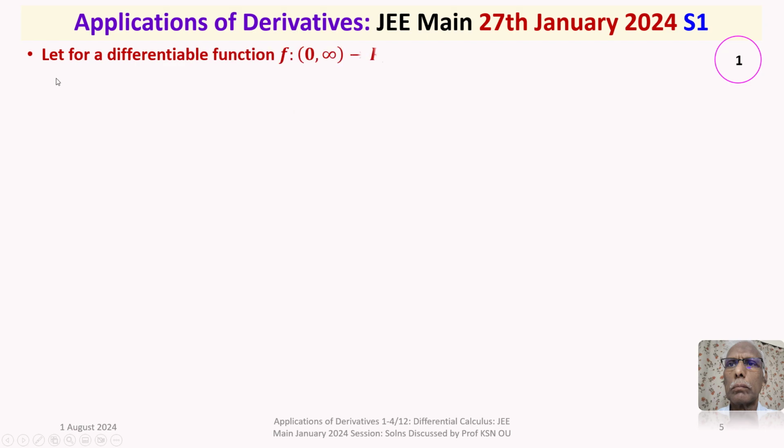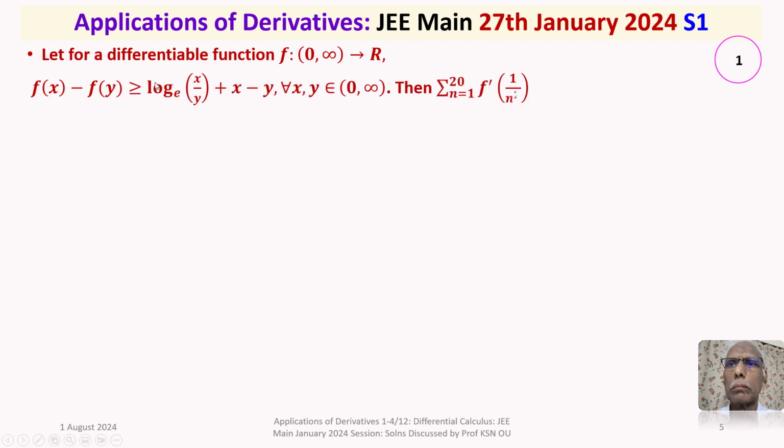The given question is, let for a differentiable function f from the open interval 0 to infinity to R, where R is the set of real numbers, f of x minus f of y is greater than or equal to log of x by y to the base e plus x minus y for all x, y belongs to 0 to infinity.